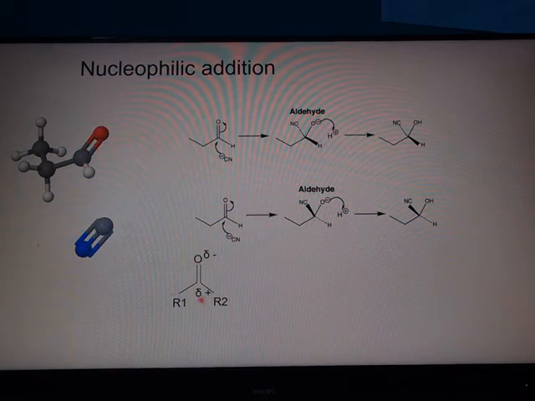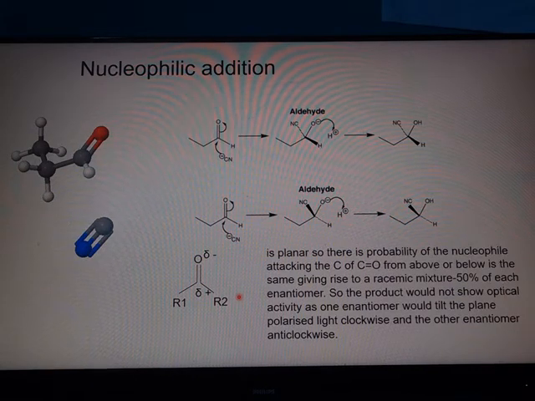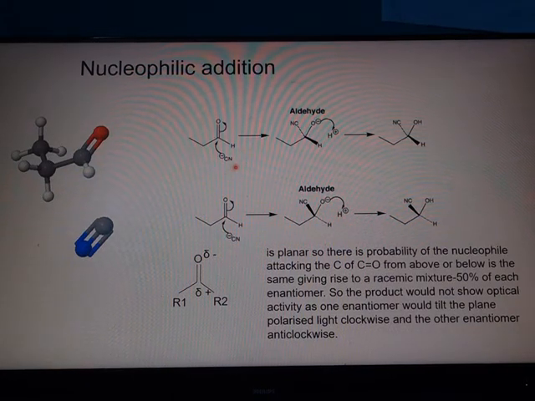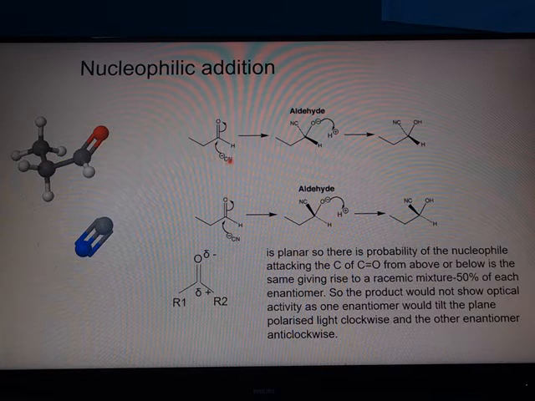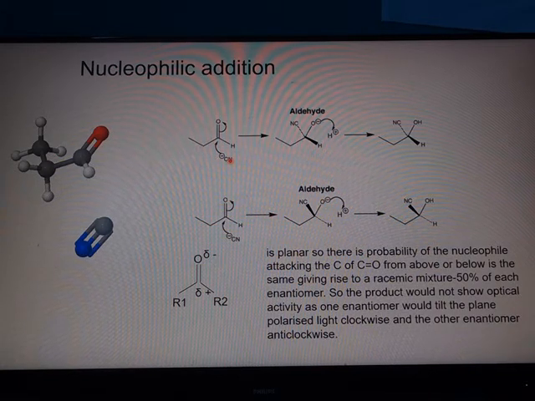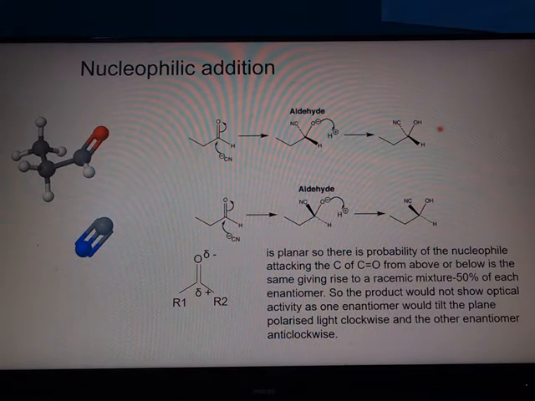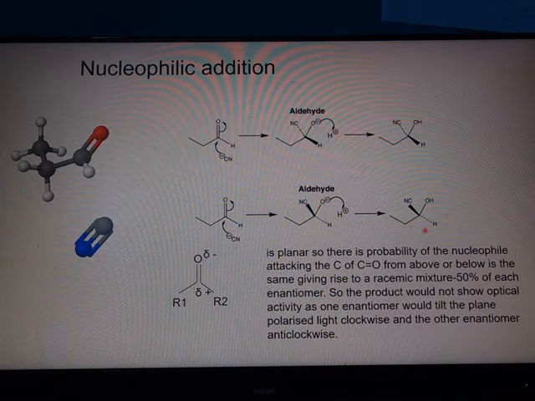Now, because this is planar, the nitrile has got a 50% chance of attacking that carbon from either above or below. So it gives rise to 50%, or an equimolar amount, of each enantiomer.